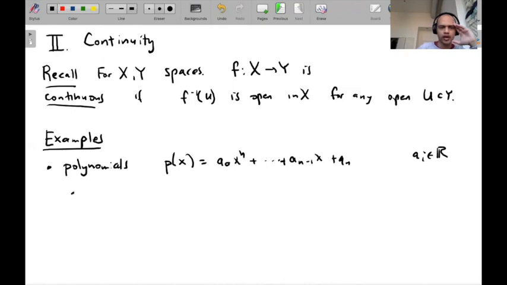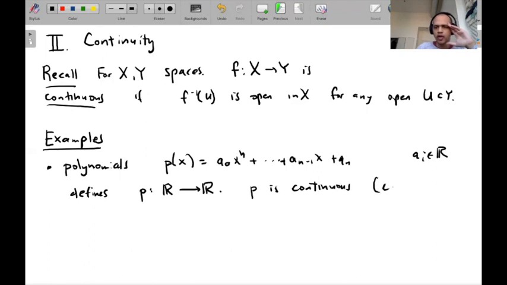So P defines a function from R to R, and P is continuous, which follows basically from calculus, because products and sums of continuous real valued functions are continuous, and so that's how you prove something like this.